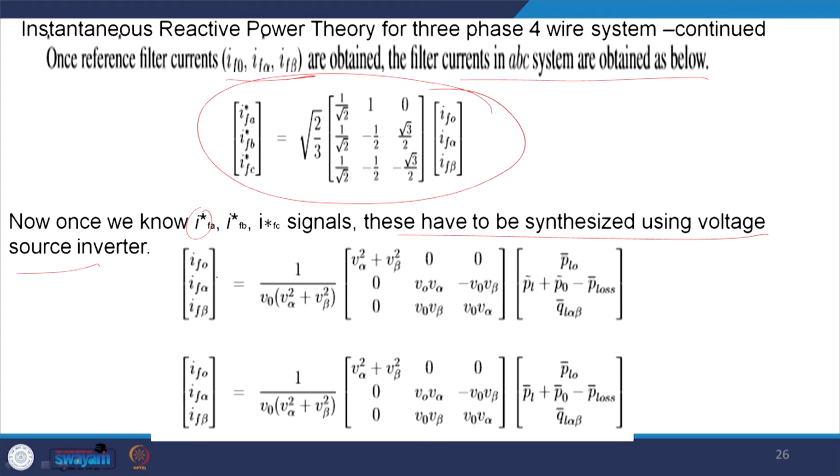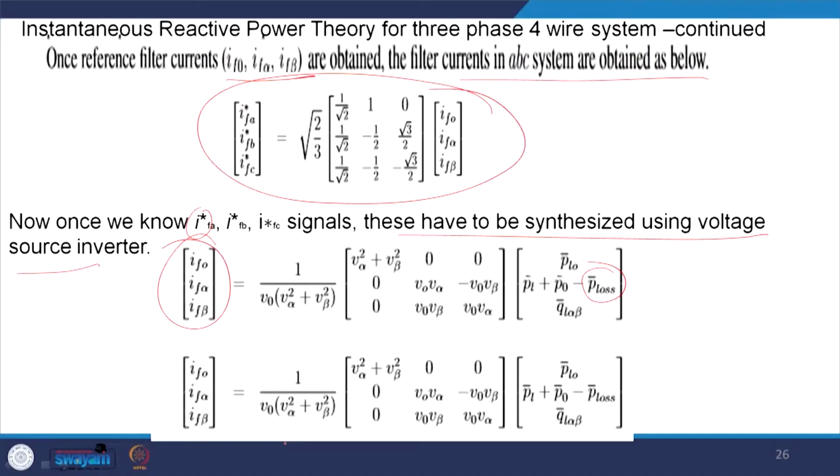So, thus what happened, these are the alpha beta domain equations, and you have to add an extra entity, the P loss, to meet all the losses, and you will estimate the loss, and from there you can have all those entities recalculated and refurbished.